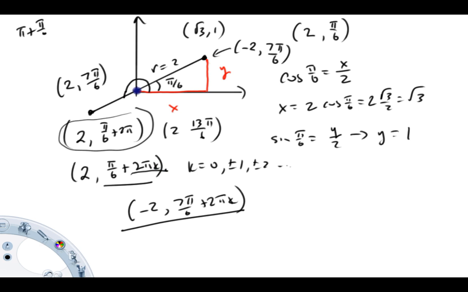Alternatively, we could use 7 pi over 6 as our starting angle, as long as we use a negative value for r, which means go the other way, to here. And then we can tack any multiple of 2 pi onto that, and it would put me at the same point.